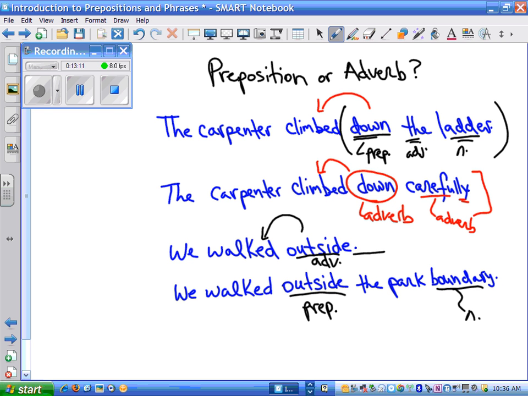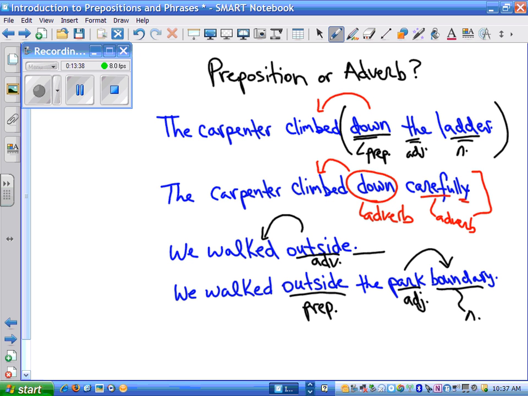Preposition plus a noun and its modifiers. And what are its modifiers? Right? Part, working as an adjective to describe boundary. And of course, some of our example sentences from earlier used that word part, but as a noun.